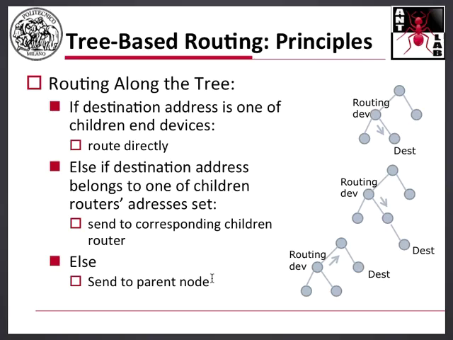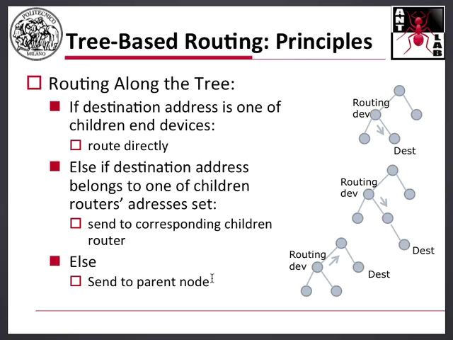So, as you can see, once you have assigned the addresses in the way I've shown to you, routing along the tree is very, very easy. You don't really need to have any routing table, right? You know what the routing table is, right? Why you don't need any routing table here?